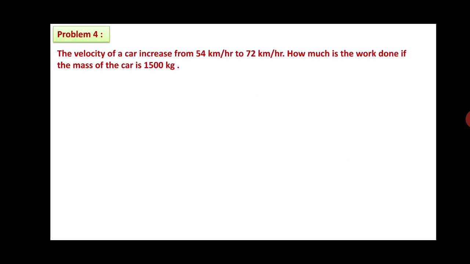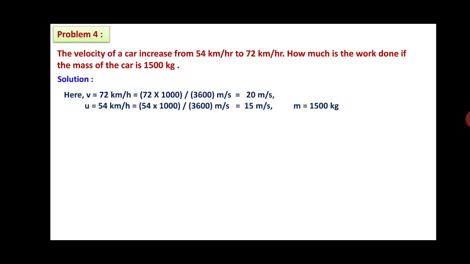Now let us consider the fourth problem. The velocity of a car increased from 54 km per hour to 72 km per hour. How much is the work done if the mass of the car is 1500 kg? Friends, here v is equal to 72 km per hour, which is 72 into 1000, kilo is 1000, divided by 1 hour is 3600 second, which after simplification you are getting 20 meter per second.